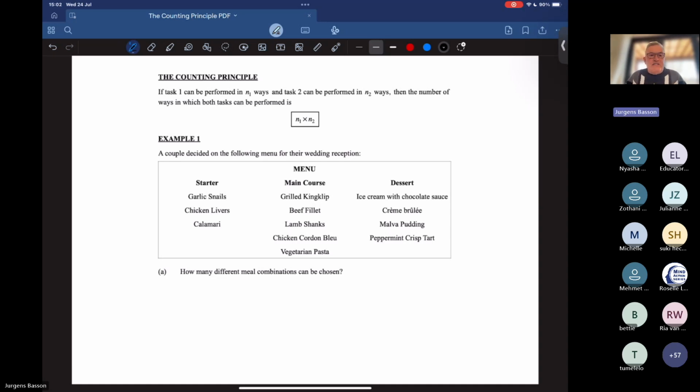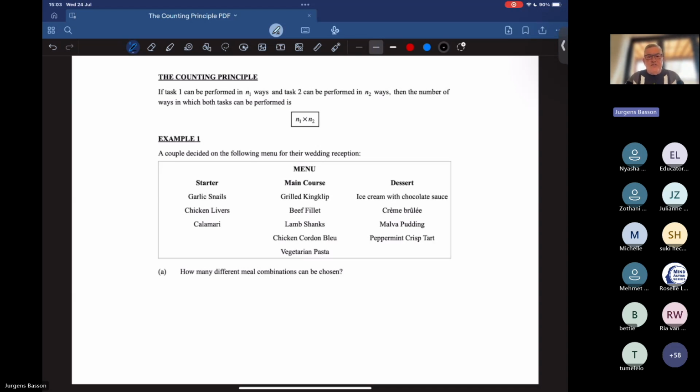What I would like to discuss with you today is to give you some ideas on how to present this. The problem with counting principle, and your learners will find it complicated too, is that every problem is different. So they sort of understand this one, and then the next one they can't do again.